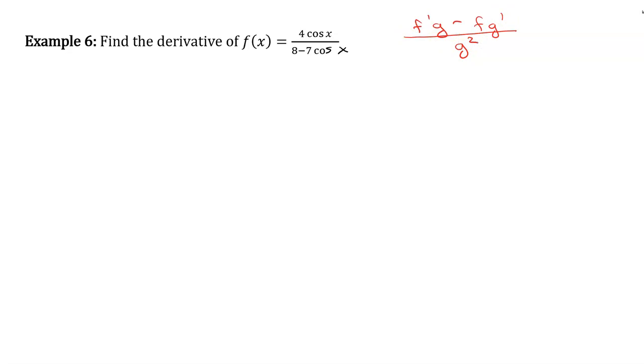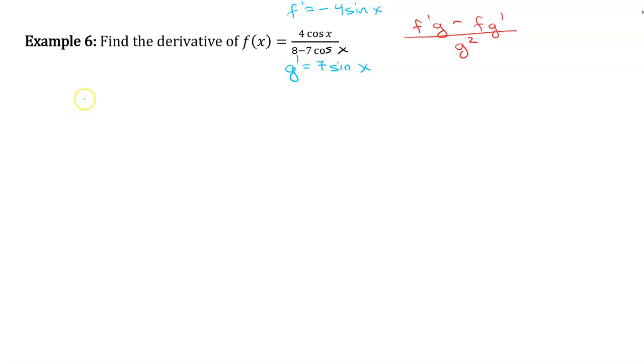Okay, so if our top is f, then f prime would be, well, the derivative of cosine is negative sine, so that would be negative 4 sine x. If our bottom is g, then g prime would be, well, derivative of cosine is negative sine. Negative times a negative is a positive, so that would give me positive 7 sine x for g prime.